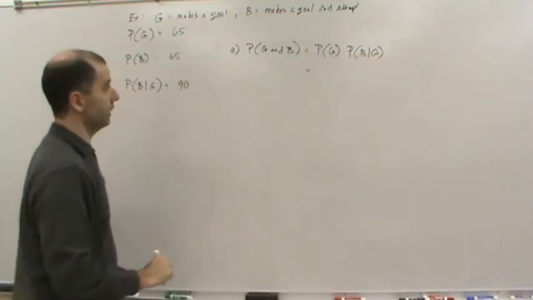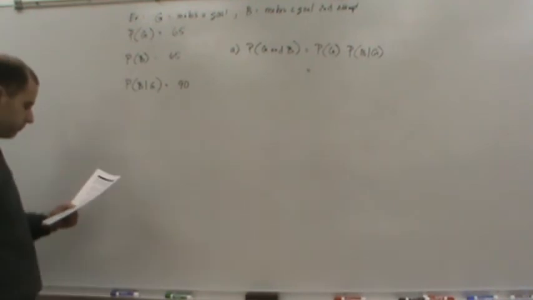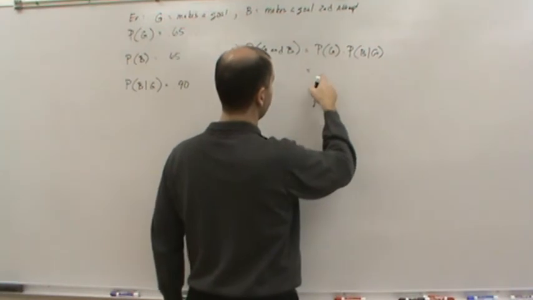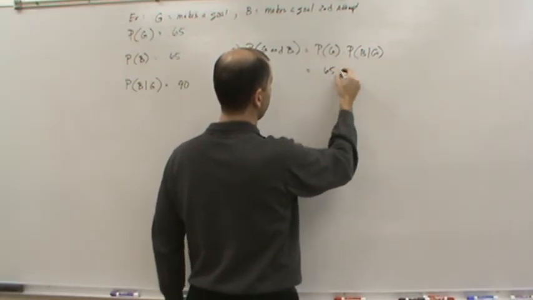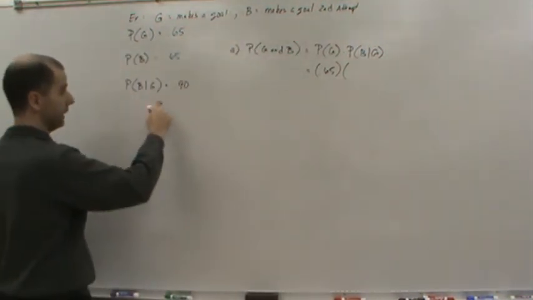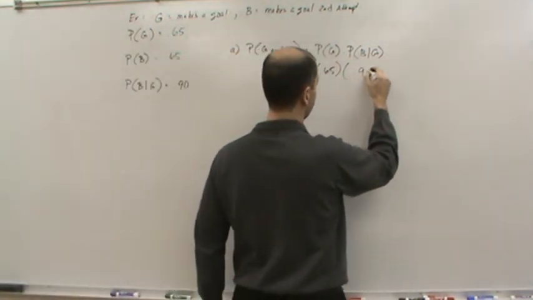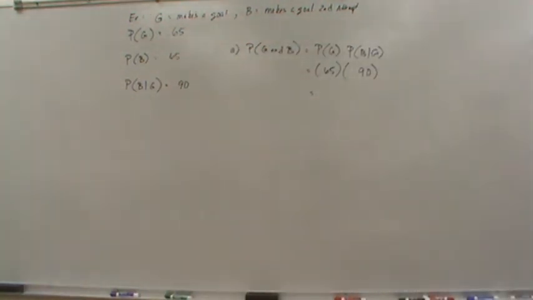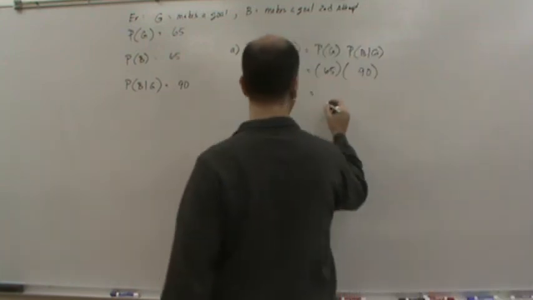The probability of G is 0.65 times the probability of B given G, which is 0.9. And so that probability is 0.585.